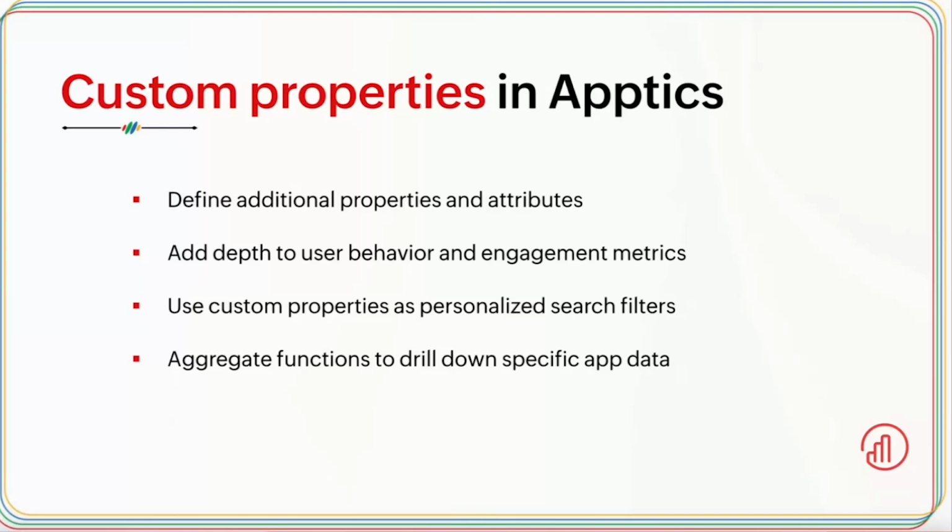This way you can add more depth to your data on insights like user behavior, engagement, and user interactions. Then you can later use these custom properties as personalized search filters to drill down specific data for your app. Let's take some examples to make it more relatable.